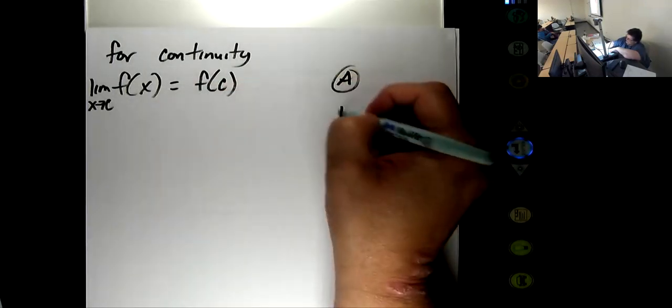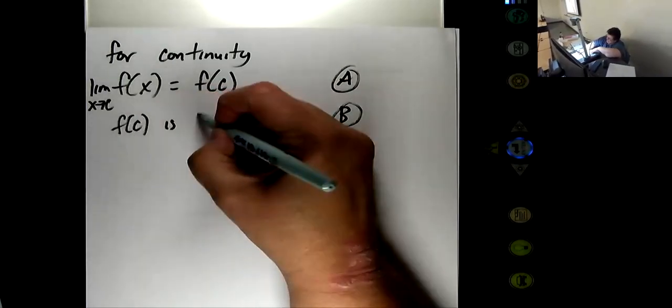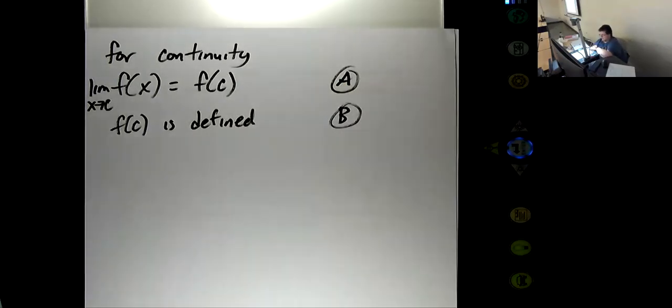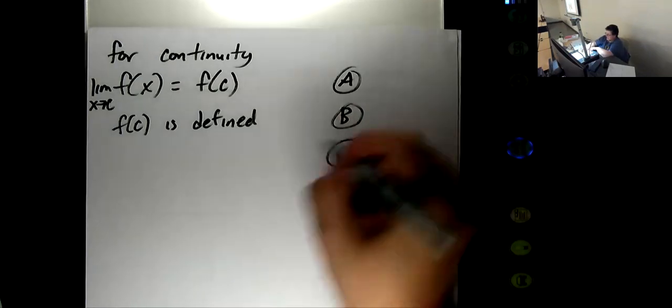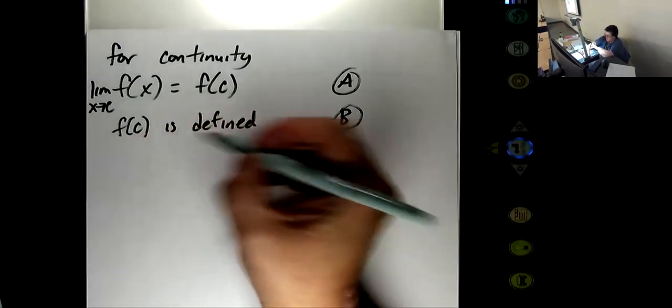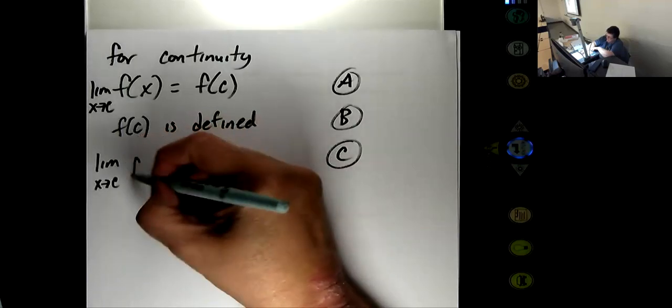B goes together with A: f of c is defined. And C is where the limit has to exist. So they all kind of go together.